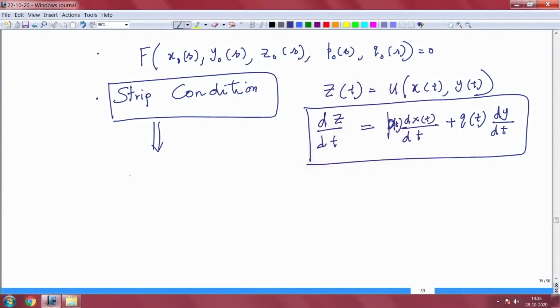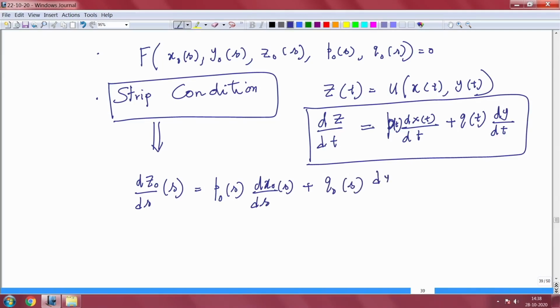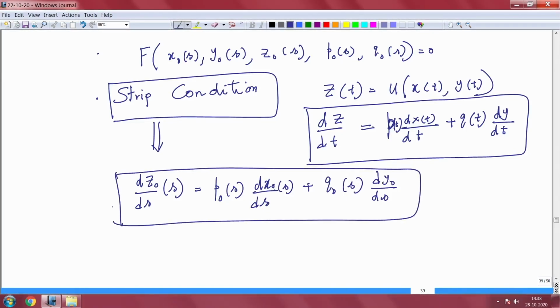That means you will have dz naught/ds, this is also satisfied at s, equal to p naught of s into dx naught/ds, this is along the initial curve, plus q naught of s into dy naught/ds. So you have two equations, and these two equations will give you p naught of s and q naught of s.